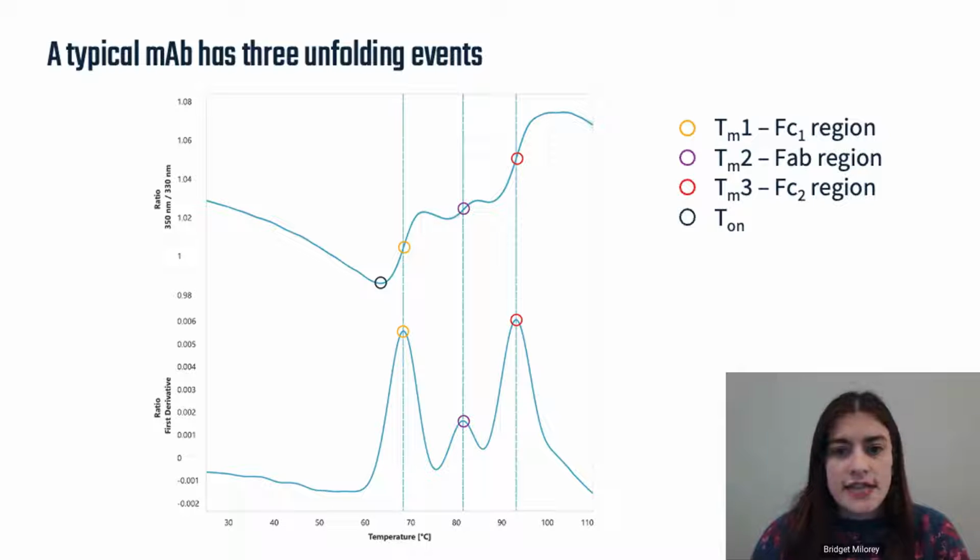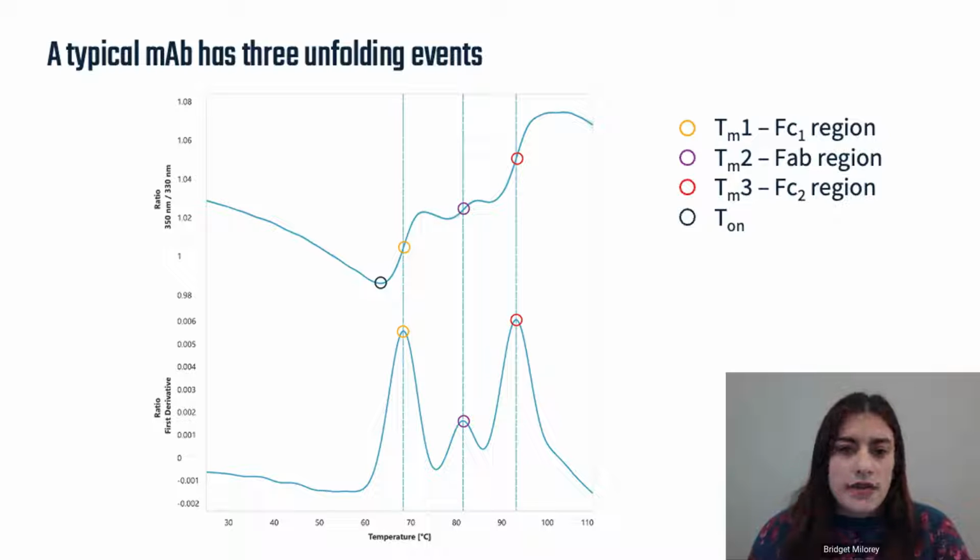And as Stefanie just said, these Tms correspond to different domains unfolding. This data set shows three domains unfolding, and in mAbs, those would be the Fc1 domain, corresponding here to Tm1, the Fab domain with Tm2, and the Fc2 domain with Tm3.